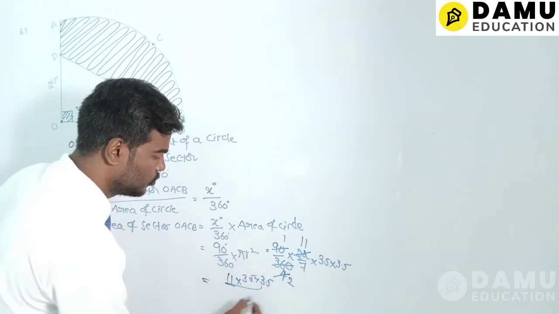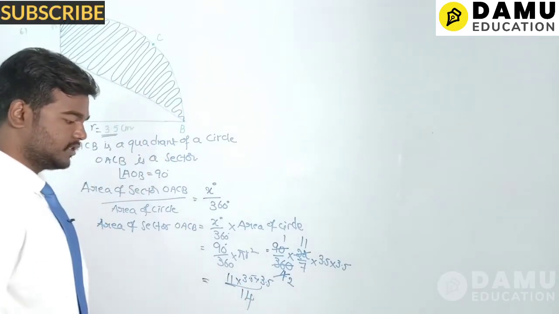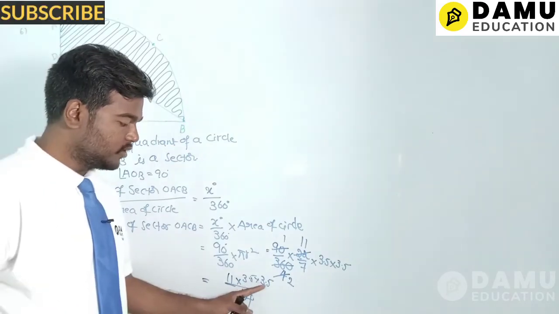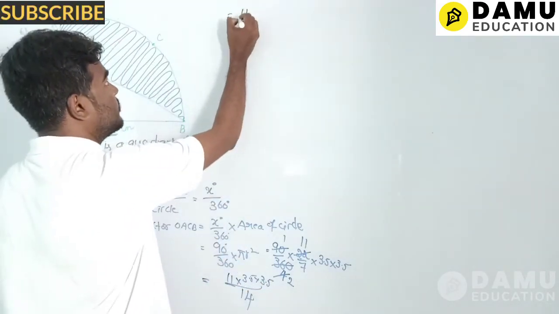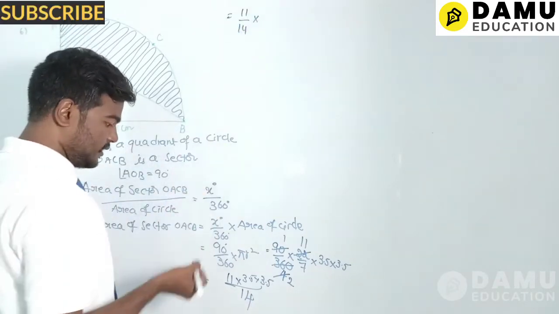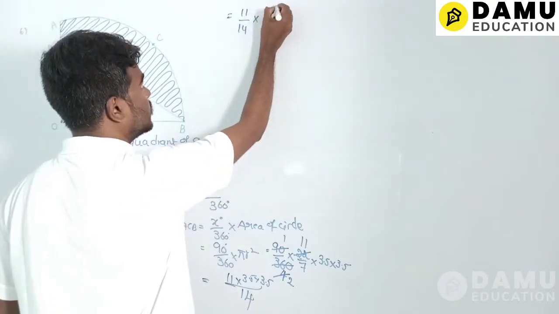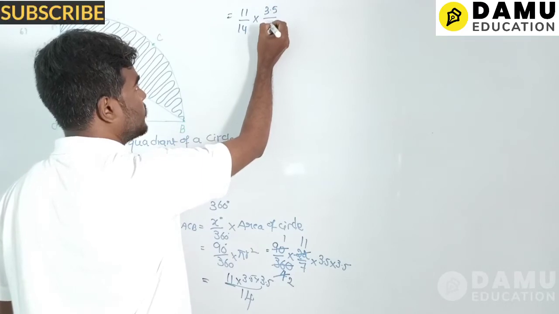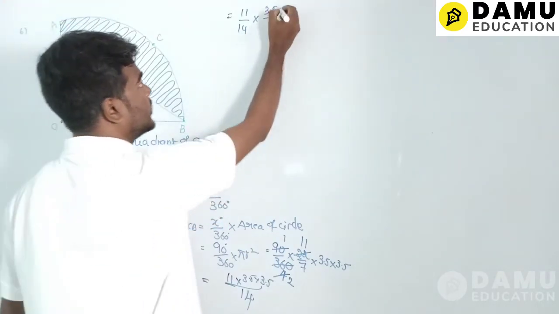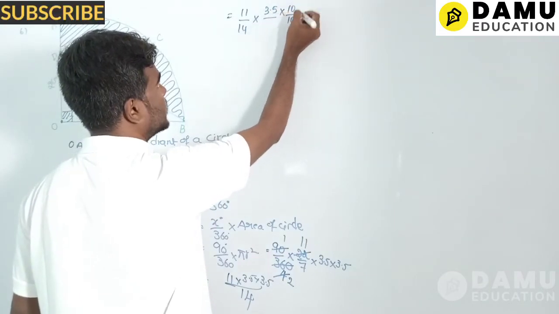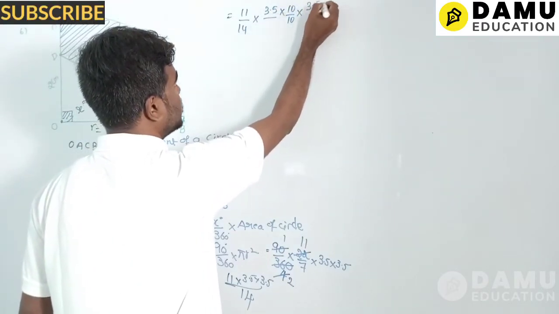Let's write it as it is, 11 by 14 into 3.5. You can write 3.5 as 35 by 10.